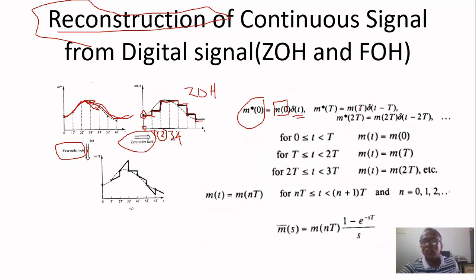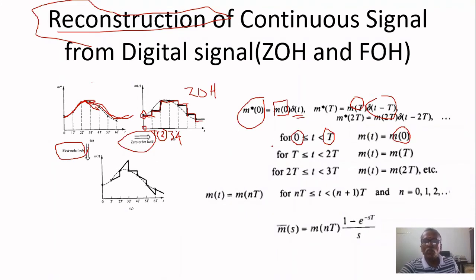The constant value at t multiplied by delta of t minus, like that, etc. If you want to convert this into an analog signal, from t equal to 0 till the first sampling instant, the same value has to be maintained.